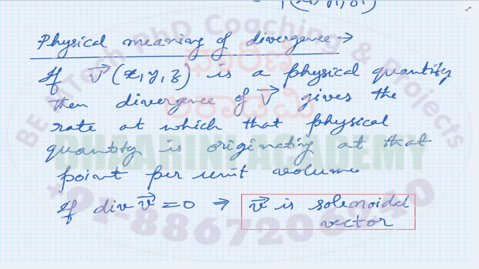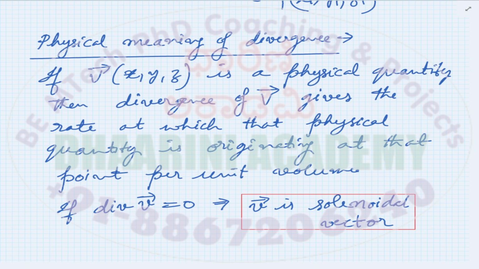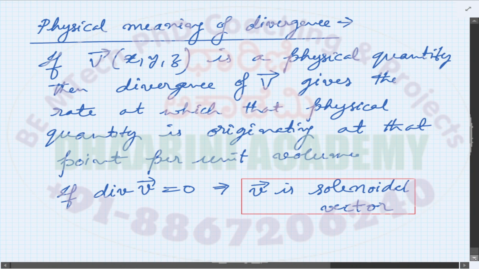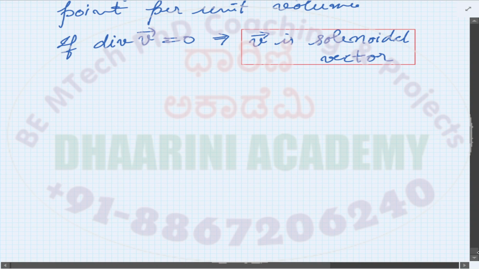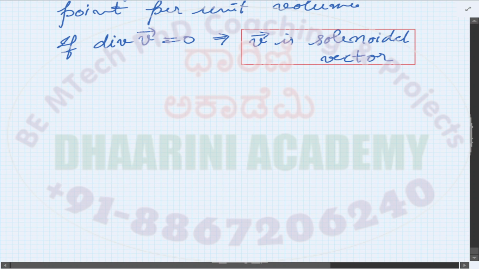If somebody asks you to show that a particular vector is solenoidal, what you are supposed to do is simply take the divergence of that vector and show that it is equal to 0. So using this you can say that the given vector is a solenoidal vector. So this is the physical meaning of a divergence.